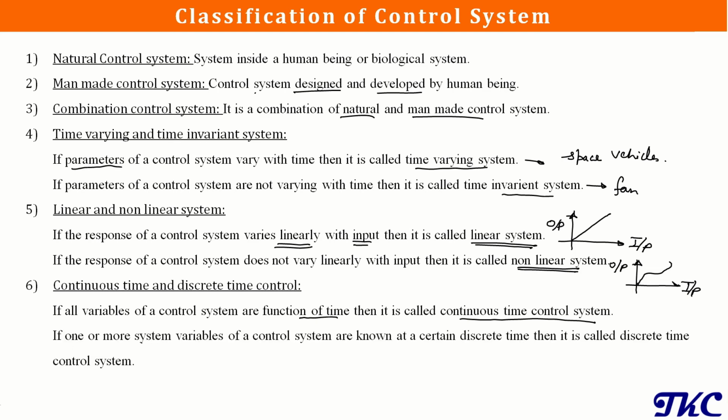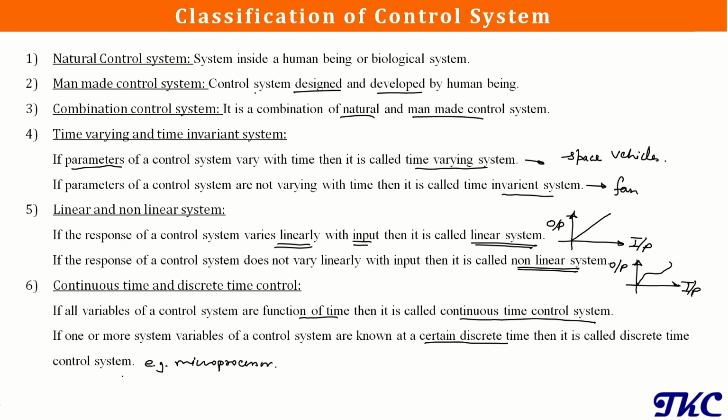Next is discrete time control. If one or more system variables of a control system are known only at discrete times, then that is called a discrete time control system. In a control system, if we are having any one digital device, then that system will become a discrete time control system. Example here, we can take a microprocessor.